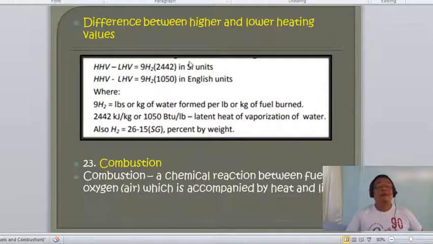Where this 9 hydrogen here is the pounds or kilogram of water formed per pound or kilogram of fuel burned. And 2442, of course, is the latent heat of vaporization of water. And H2 equals 26 minus 15 multiplied by the specific gravity, now in percentage by weight.